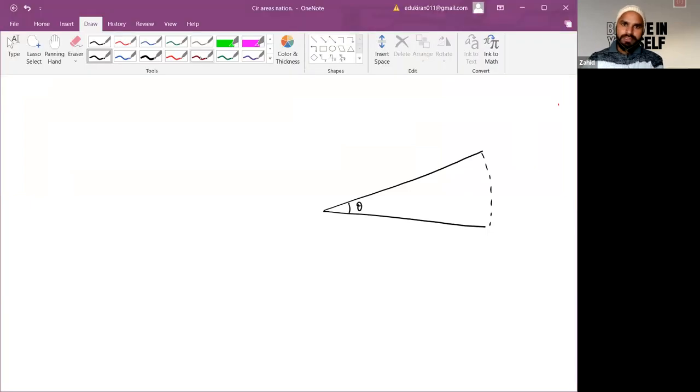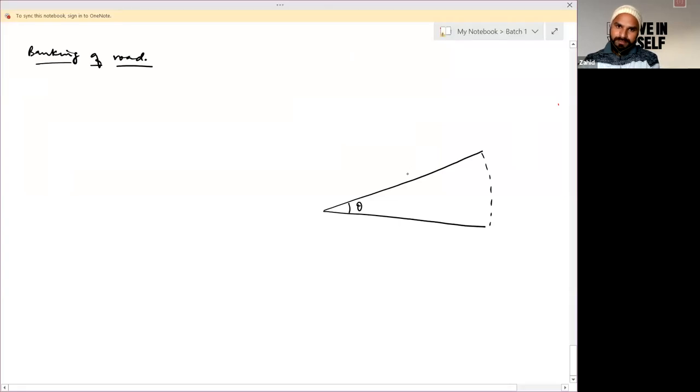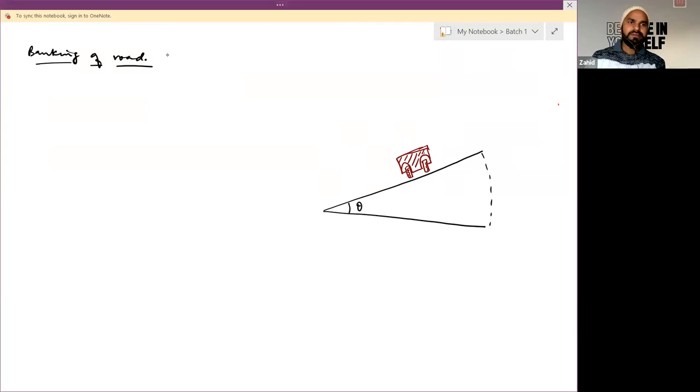I'm defining this with a diagram. Suppose there is a vehicle going along the circular path having this inclination theta, so it must be acted on by several forces.